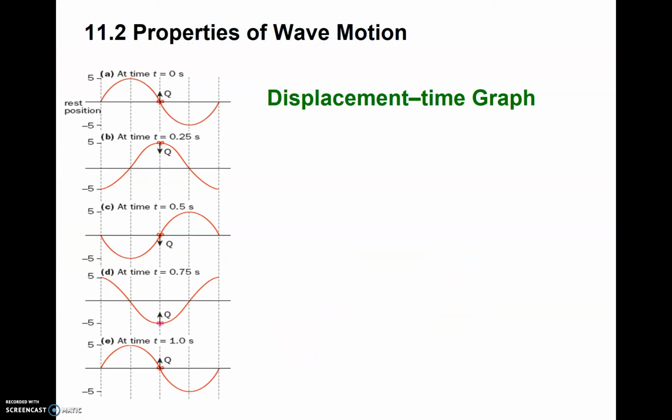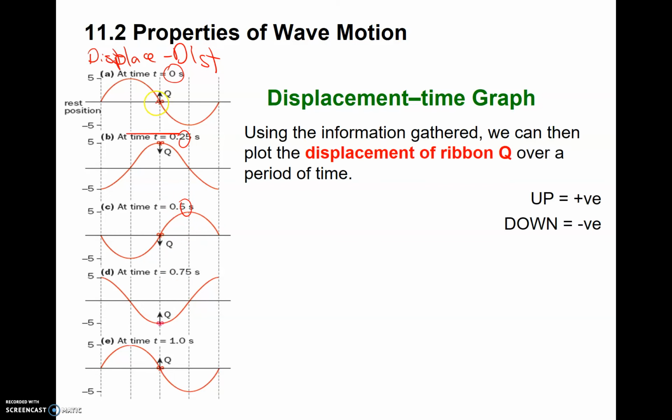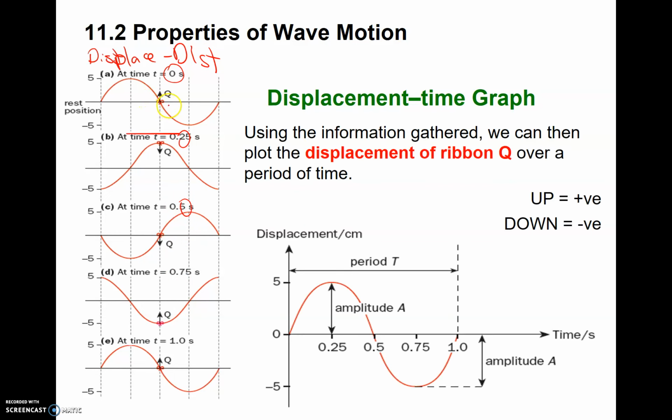Here, take note, this is the displacement distance graph, at each timing, 0, 0.5. If you focus on particle Q at time 0, particle Q is at the rest position.